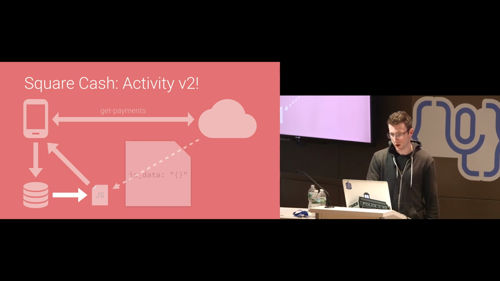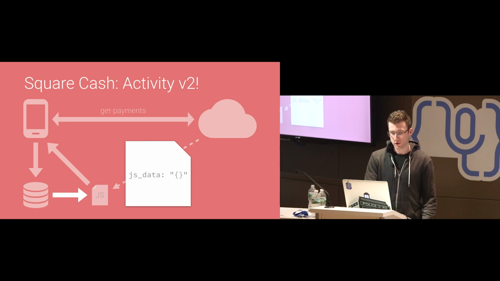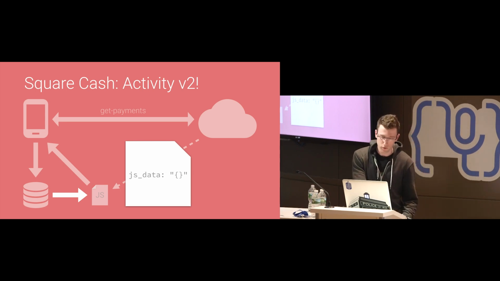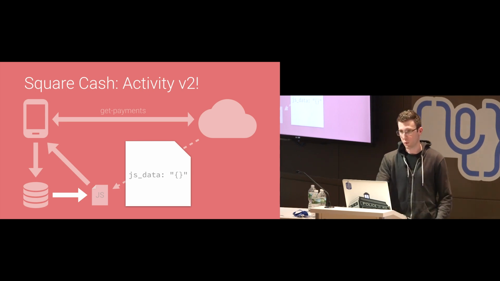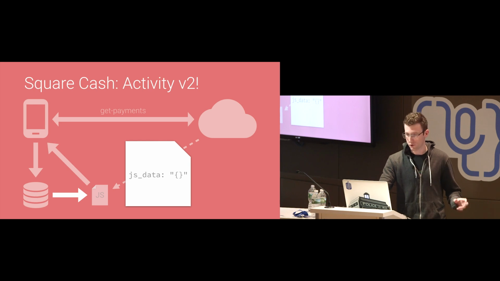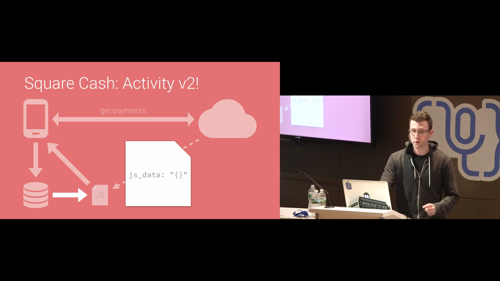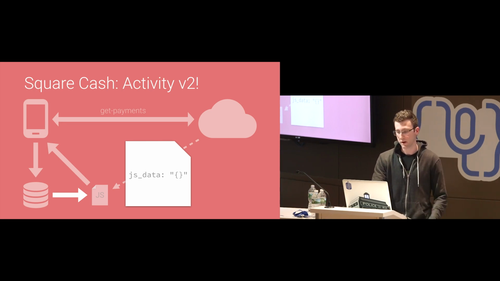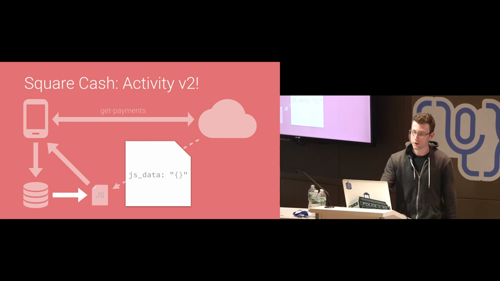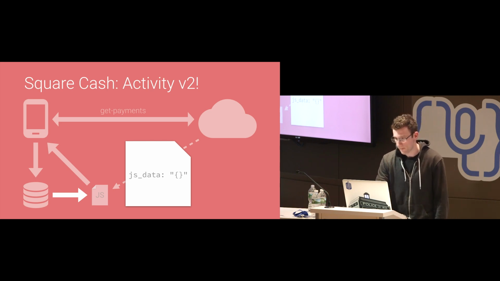So instead, in our payment, we have this field, JS data, which is just a blob of JSON text that we don't care about. We just store it for the sole purpose of passing it into the JavaScript. So if the server wants new information that wasn't provided previously, then it can add it to this JS data blob and then resync all the payments in this rare case that new data is needed, and then that will get sent down to the JavaScript, and the JavaScript knows how to handle that.